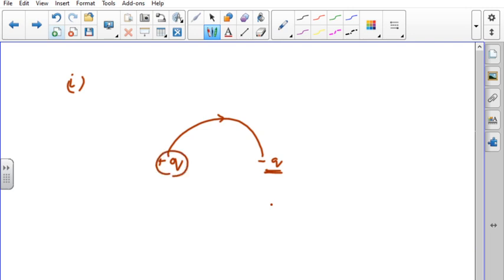Suppose this positive charge is placed in an isolated area. If we consider this positive charge as an isolated charge, then the electric field line starts from the positive charge and ends at infinity. So, this is the mapping of electric field lines for an isolated positive charge.